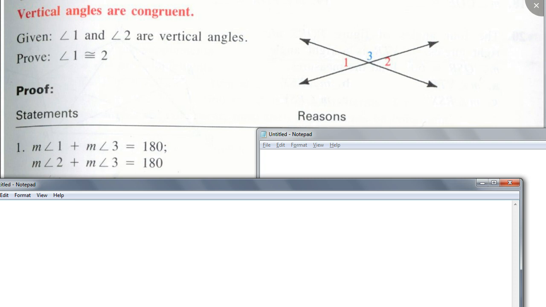Even though it may be obvious to you, can you just state that? We know that they're supplementary, but we can't say that because it's not given. So then, what allows us to say this?